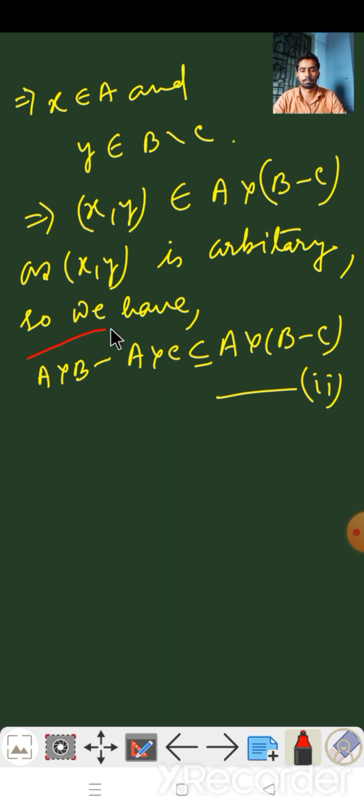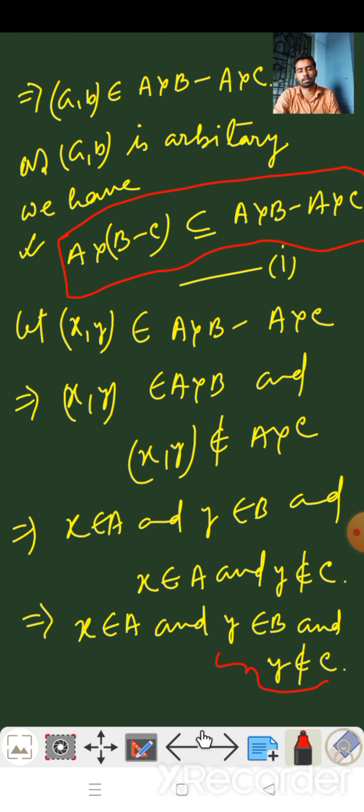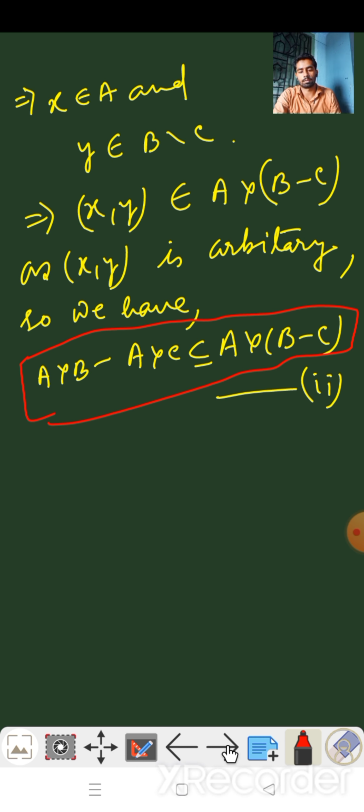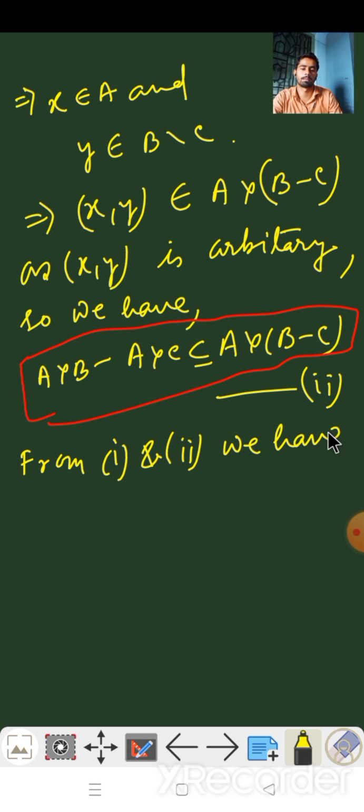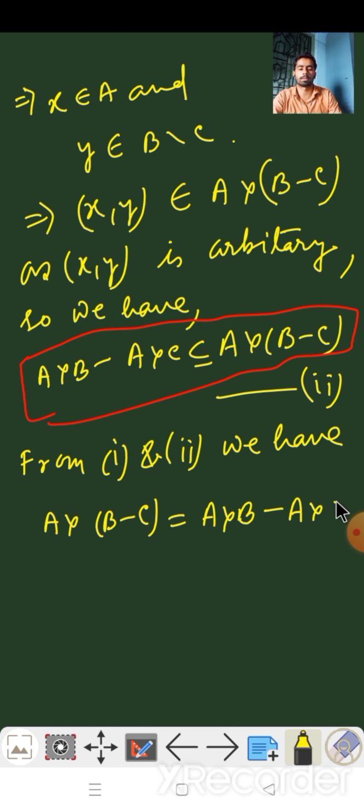Combining these identities, this is not an equation, this is an identity, finally we can conclude that, therefore from 1 and 2 we have A cross (B difference C) equals (A cross B) difference (A cross C).